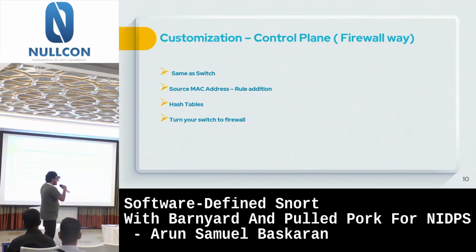And with hash tables, there is an advantage of storing the key and value pairs within the hash table itself, and that has to be done within the switch itself. There is also an advantage of clearing the cache in the hash tables, and it automatically makes a re-entry whenever a packet is hitting a server.